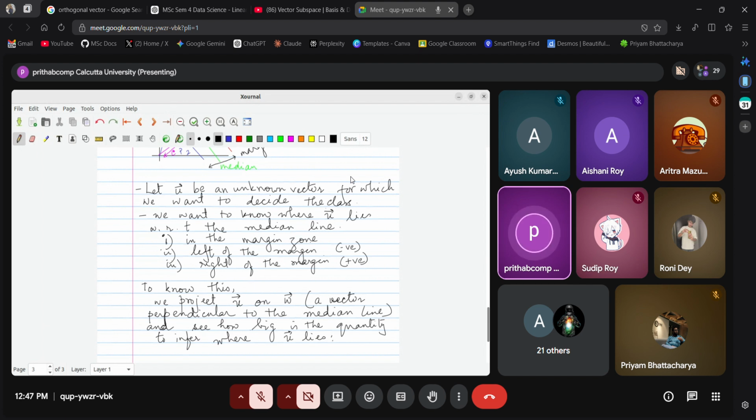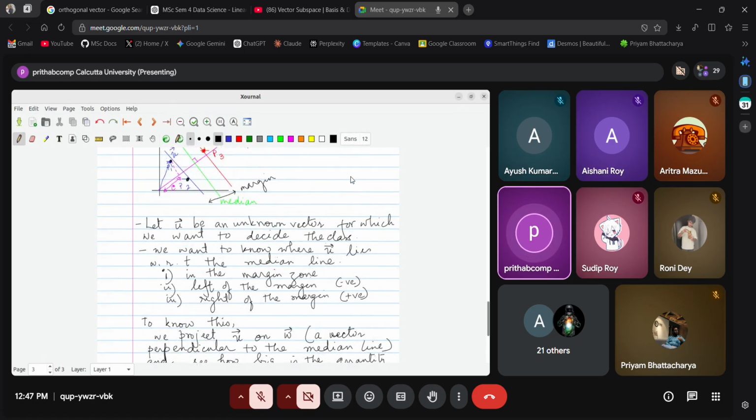So what does this mean? See, if you look at this figure, I said this distance to be C. So I want to see how big is this C, so that this C could be either in the left part of it, within the margin zone, or it may be beyond this red line, to the right of this red line, right? So that is why I compute the projection of any point on this perpendicular line, perpendicular to the median line.